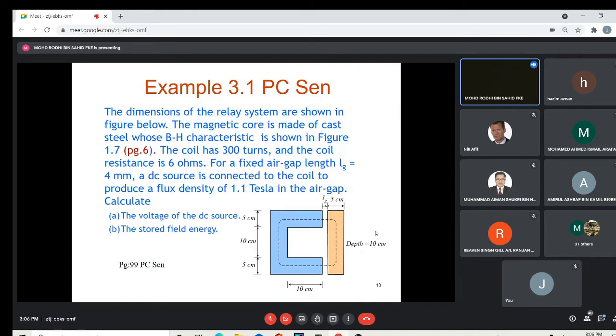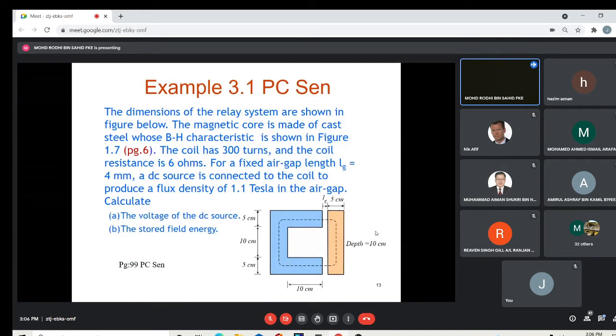So the dimensions of the relay system are shown in the figure below. The magnetic core is made of cast steel whose BH characteristic is shown in figure 1.7 on page 6 of the book. The coil has 300 turns and the coil resistance is 6 ohm.